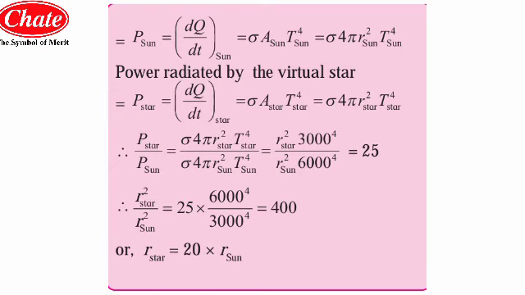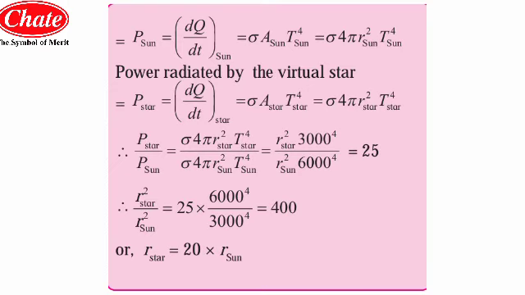Now power radiated by the sun is equal to dQ by dt, which is sigma into A into T raised to 4. In the same way we calculate the power radiated by the star, sigma into A into T raised to 4, and we take their ratio: P star upon P sun is equal to sigma into 4 pi r square T raised to 4 upon sigma into 4 pi r square T raised to 4.